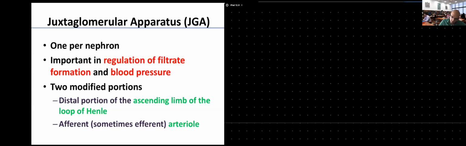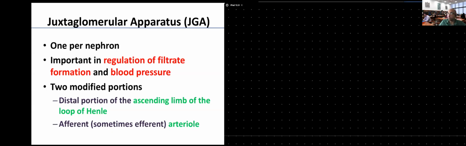First, in order to understand how the kidney responds, we need to study a set of corpuscles that are present in the kidney, one per nephron. This is what we call the juxtaglomerular apparatus.